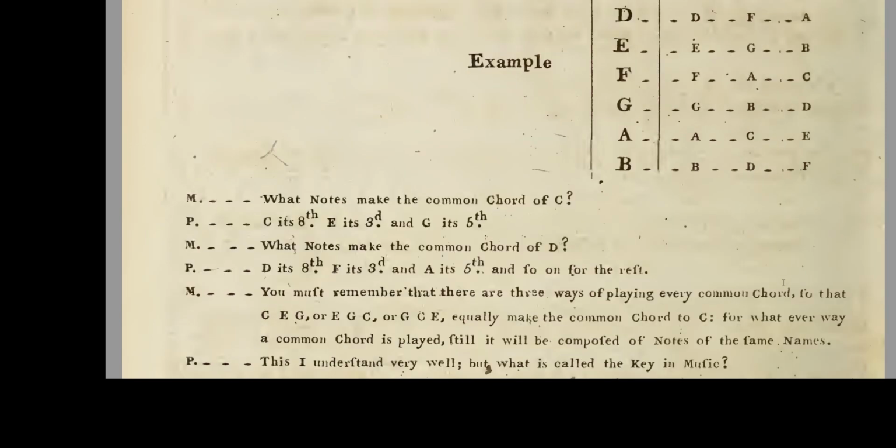And this next interchange from the master and the pupil is the last bit in this section of the recording, and then we're going to stop and go on in another time. So the master says, you must remember, he says, that there are 3 ways of playing every common chord.